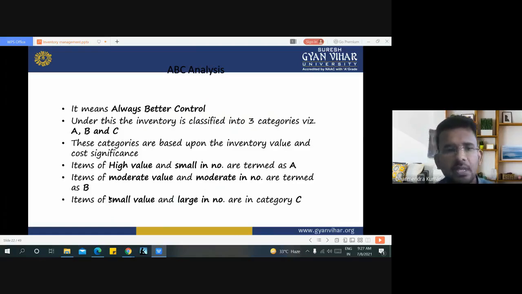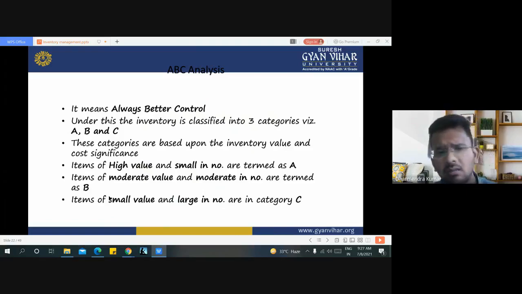Here items of high value and small in number are termed A category components or A category raw material. In the B category, we keep items of moderate value and moderate in number.